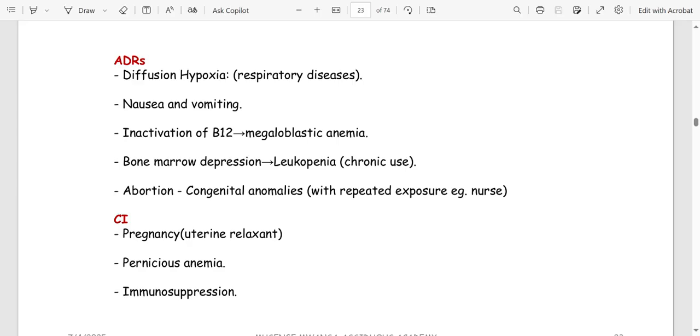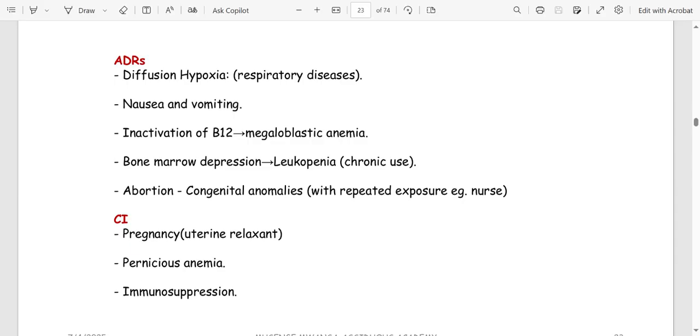Okay, because there's always a point in time when you need relaxation and when you need the contraction. So basically, avoid it in pregnancy. When someone is about to give birth, you want to make sure that the uterus contracts. When they are, of course, just working properly, it should be relaxed so that the baby can grow. So when someone has got pernicious anemia, don't give them this drug.